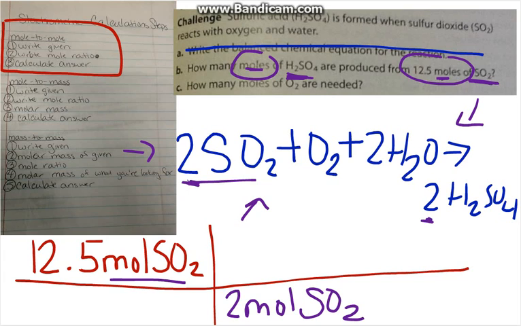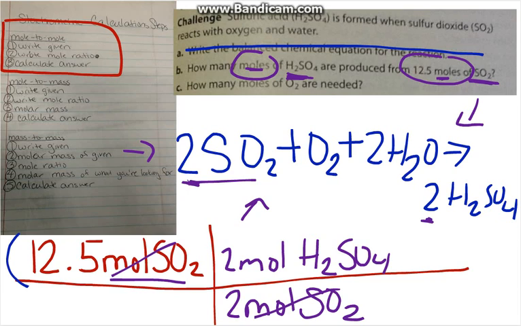Then I look at my other portion of the ratio, and that's going to go on top because that's the only place that we have open for it. I cross out my moles. I'm left with moles. I look back at my steps. The last thing I need to do is simply calculate.